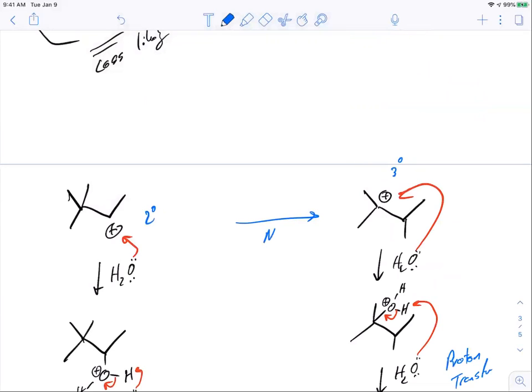So that one is more stable. Okay, questions about that?